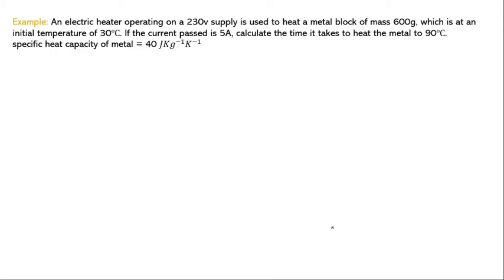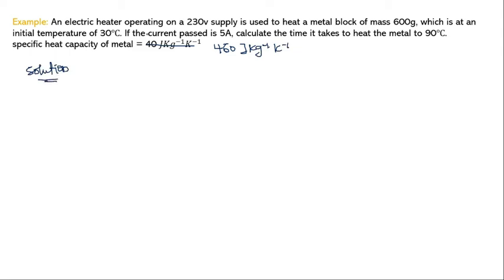The question is saying, if the current passed is 5 amperes, we have to calculate the time it takes to heat the metal to 90 degrees Celsius, and we are given the specific heat capacity of the metal to be, this is supposed to be 460, so it's 460 joules per kilogram per Kelvin. Sorry for that mistake. Alright, so let's write down our solution.